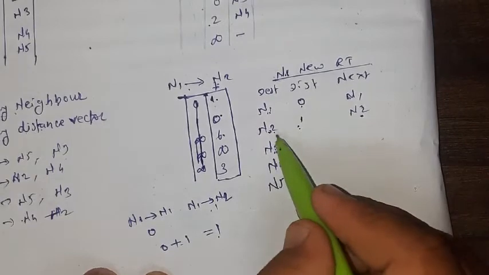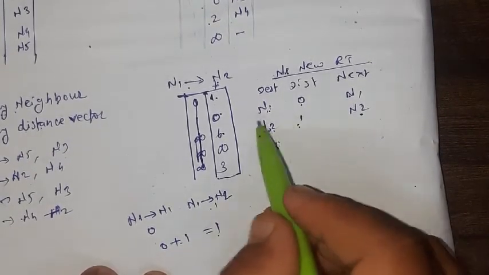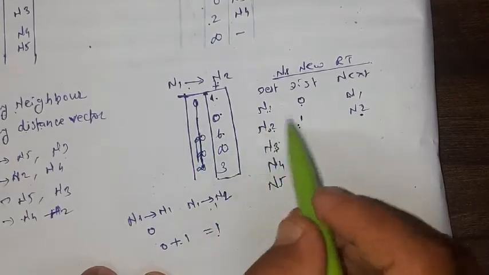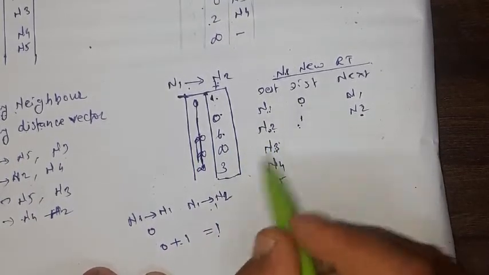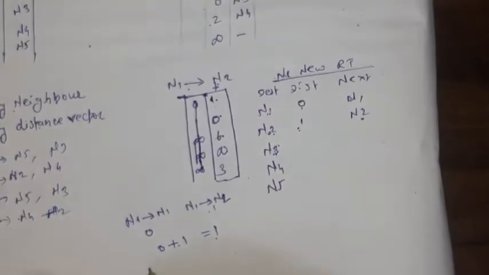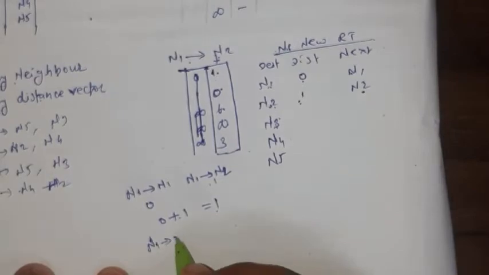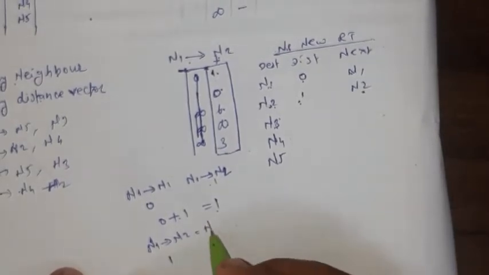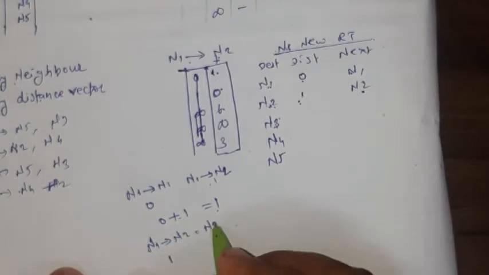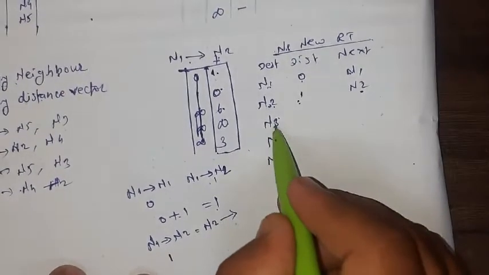Now n1 to n3: it's not possible to go directly from n1 to n3. We should go via n2. So n1 to n2 is 1, then n2 helps us to reach n3.